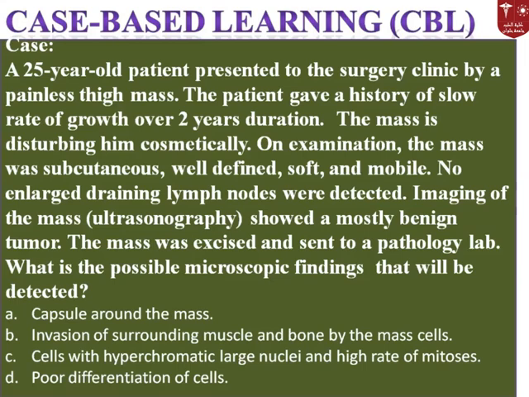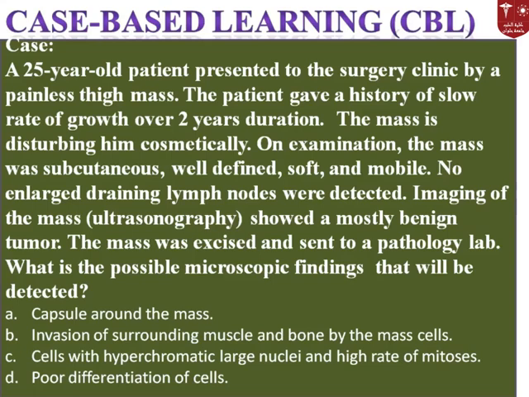No enlarged draining lymph nodes were detected. So in other words, no spread to lymph nodes, right? All this data makes me think it is a benign tumor, right? Imaging of the mass by ultrasonography showed a mostly benign tumor. Okay, so the imaging suggested it is a benign tumor.